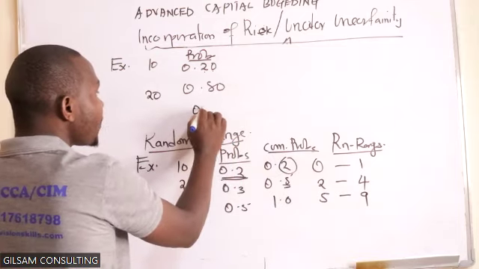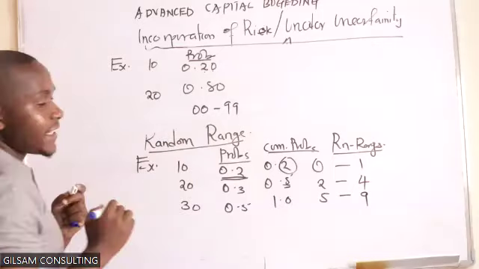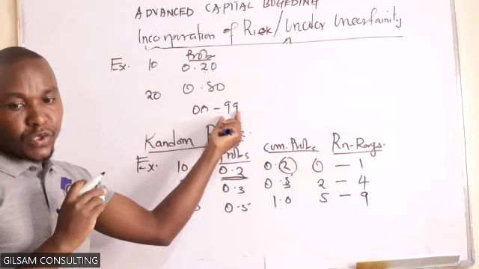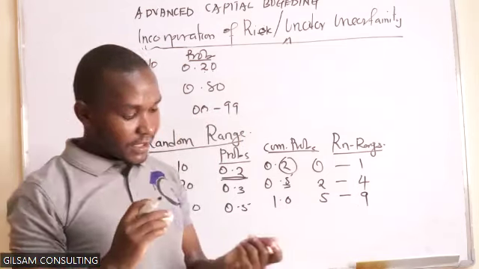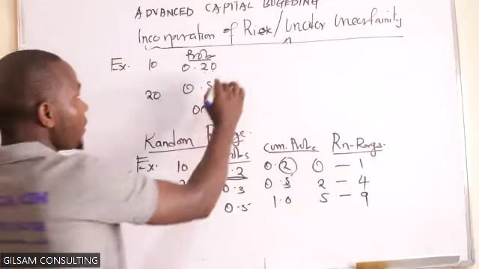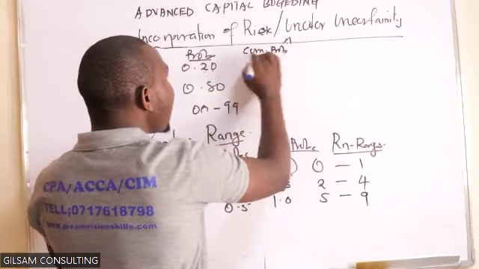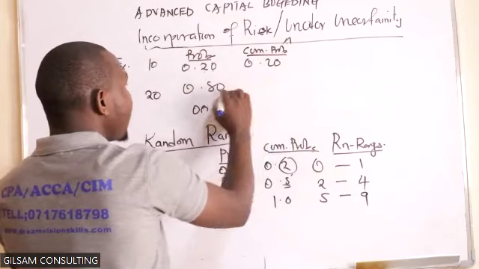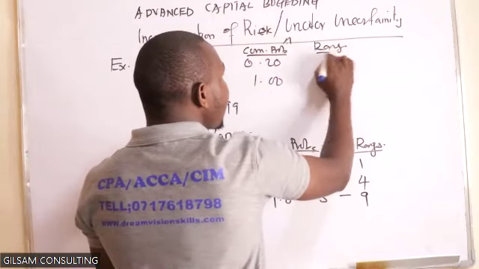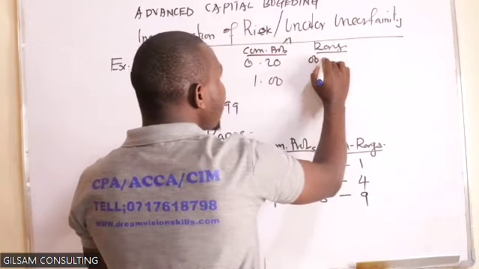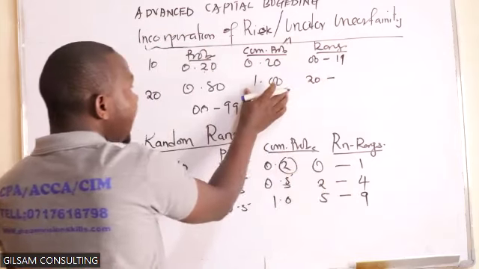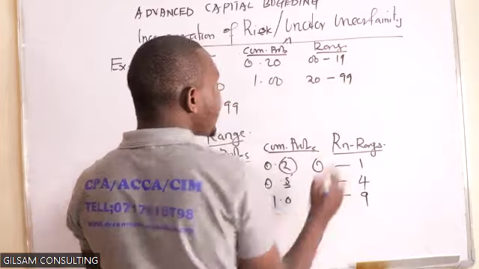It will be from 00 to 99, because it must be two digits. You get the cumulative probabilities, which will be 0.2 and then 1. So our range will be 00 to 20 less 1, which is 19. Then from 20 to 100 minus 1, we get 99. So that will be our range.